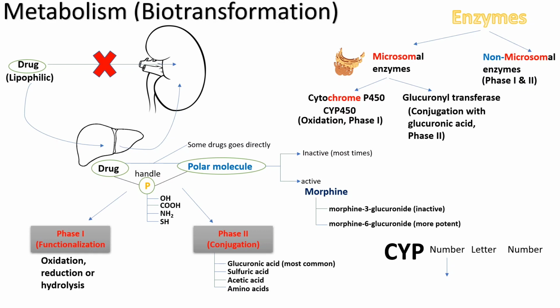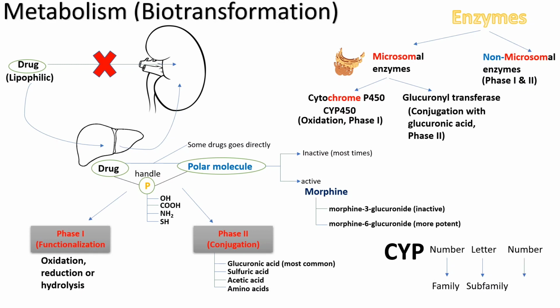So after the word CYP, we find a number, then a letter, and then a number again. The first number indicates the family this enzyme is from, the letter indicates the subfamily, and the second number is for this individual, specific enzyme. Okay?